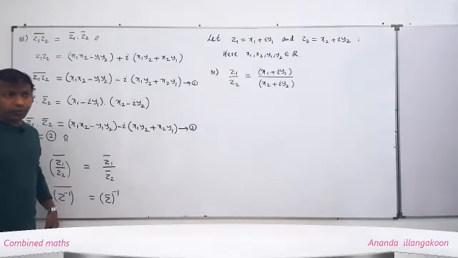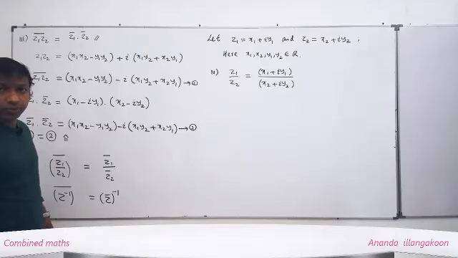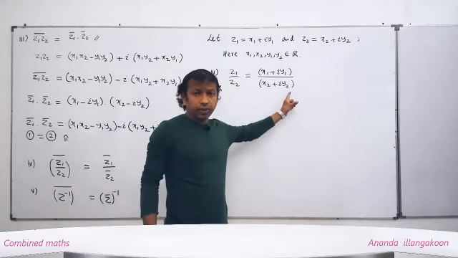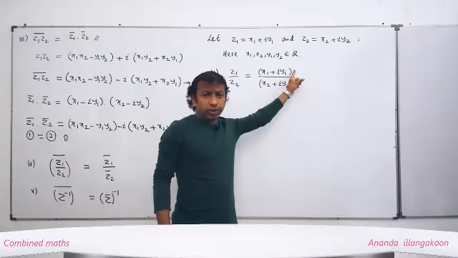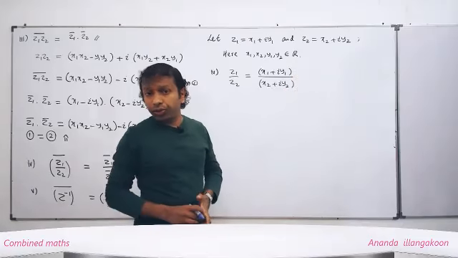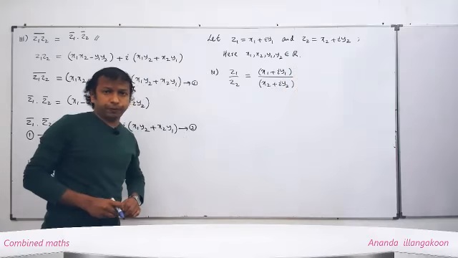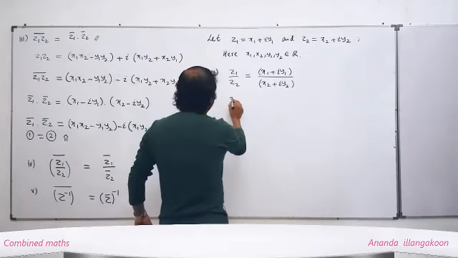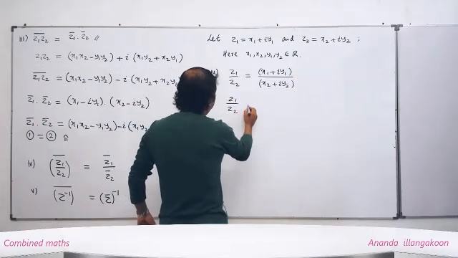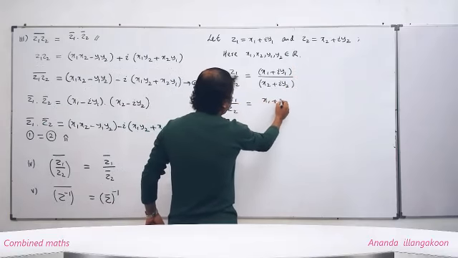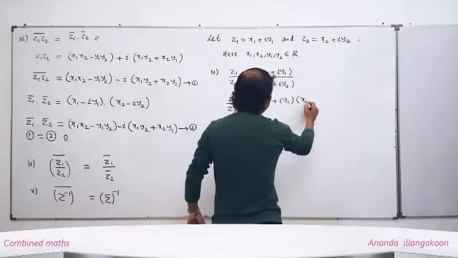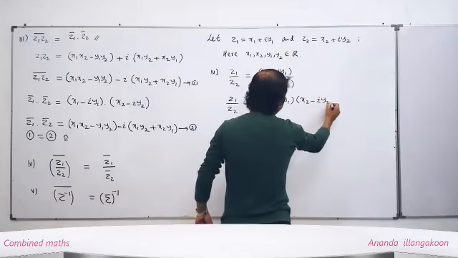Well, now what we do is first we convert this to X plus IY form. To get that one, we have to multiply the right hand side, both the numerator and denominator, by the conjugate of the denominator. Conjugate of the denominator. Right. Z1 divided by Z2, X1 plus IY1 times X2 minus IY2.